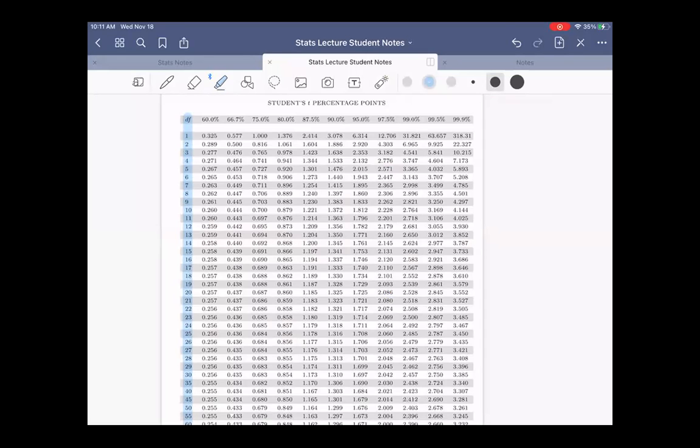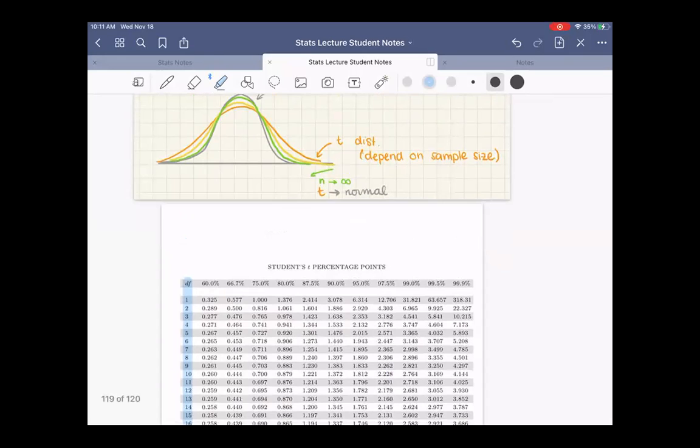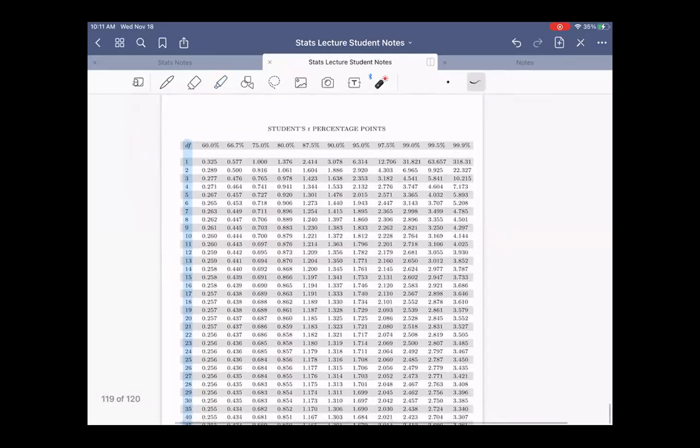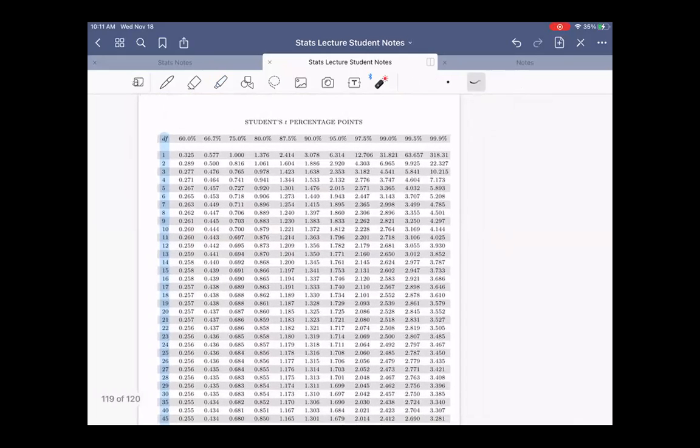Okay, the degrees of freedom tells us which t-distribution we should be looking at specifically. Is it this one, or is it this one, or is it this one, right? And that's going to depend on how large my sample is. Okay, so the degrees of freedom are going to be dependent on the sample size. They're not going to be equal to the sample size, so I don't want you to write that down yet, but they're going to be dependent on the sample size.